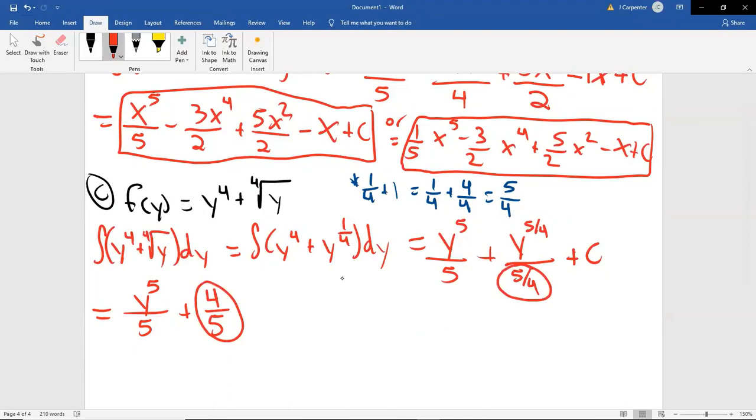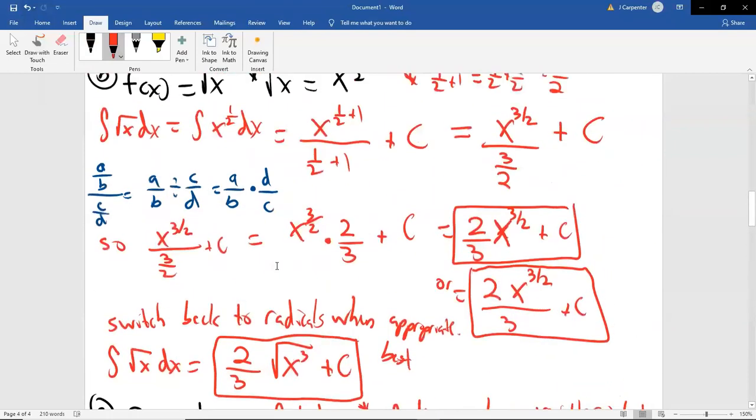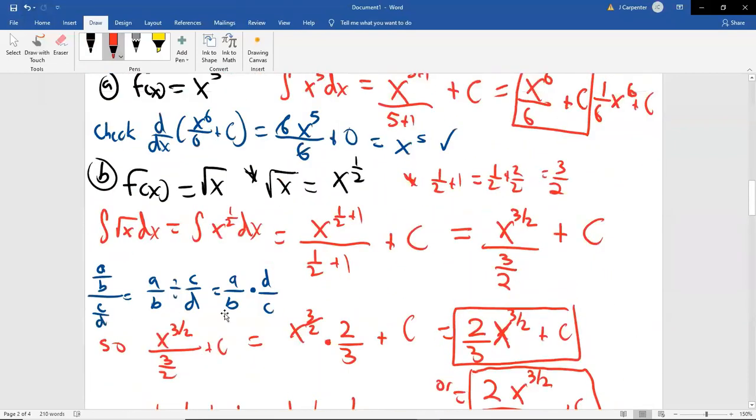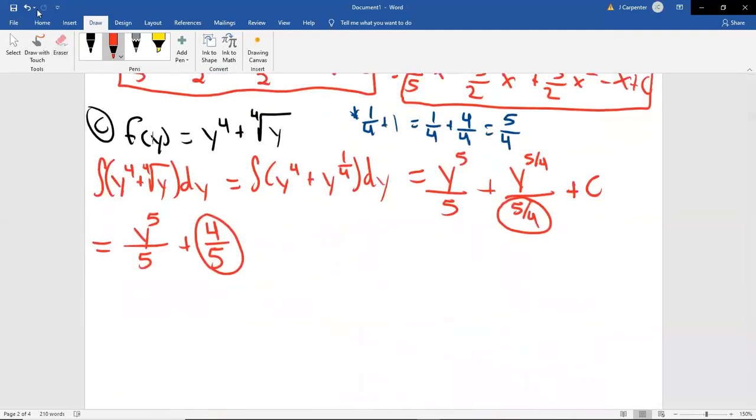Dividing by 5/4 is multiplying by 4/5. We saw that demonstrated back up here in blue. Dividing by a fraction is multiplying by its reciprocal. Then we have the y to the 5/4, then our plus c at the end.